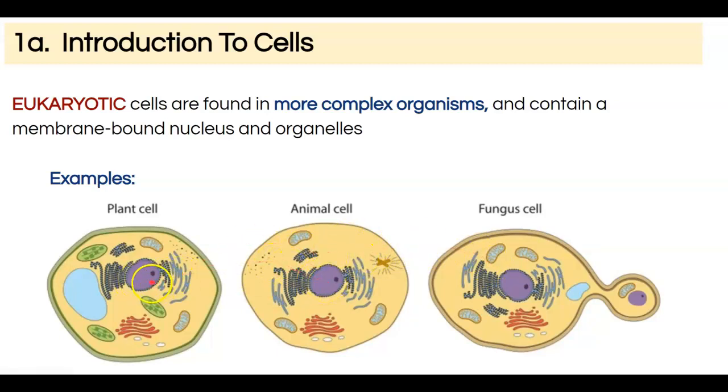They all have this nucleus represented by a purple area. The fungus you're going to see pinching off here, and you might have seen that in a previous video where we talked about the hydra. So now, what we're going to be learning about this year are animal and plant cells, and fungi will come up next year if you're taking grade 11 biology.